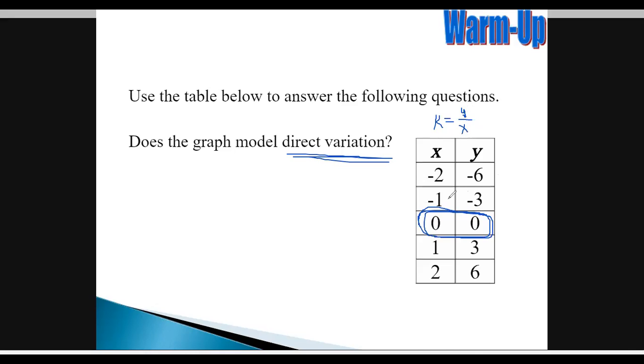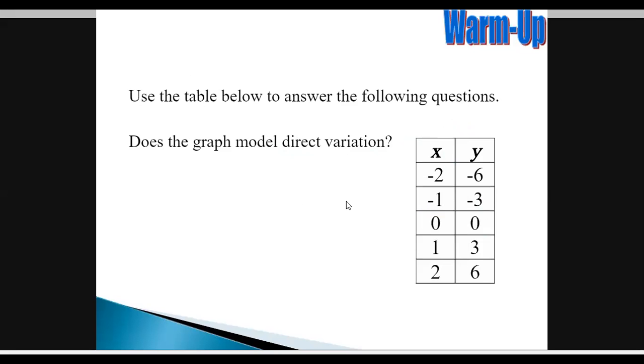Negative 3 divided by negative 1 is 3. 3 divided by 1 is 3. 6 divided by 2 is 3. What do you notice? It's proportional, which means we found a k, or a constant value, right?